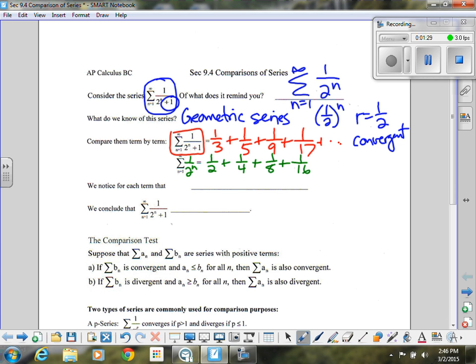So you can see term by term that our original series of 1 over 2 to the n plus 1 is always less than 1 over 2 to the n power. Okay, so we can conclude then if these terms are always smaller than the 1 over 2 to the n, then our original series converges just like the 1 over 2 to the n power. This is called the comparison test.